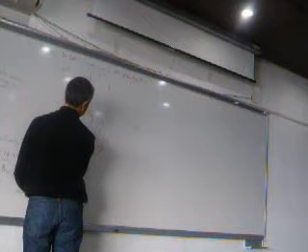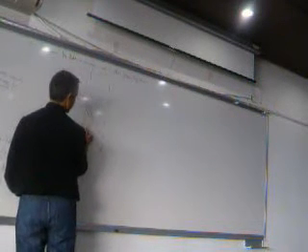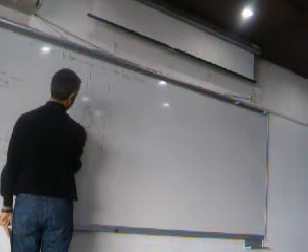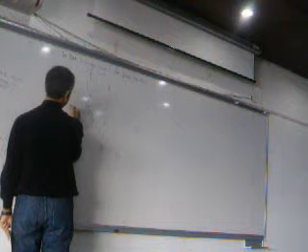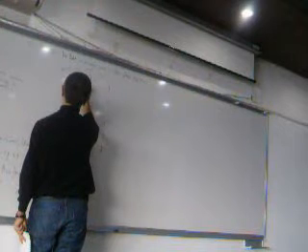Is this correct again? Am I obeying this? I'm not violating this. I'm not violating the isoclines. Seems to be okay. Now, so I go like this. Something like this, right? This is supposed to be like this. Okay?